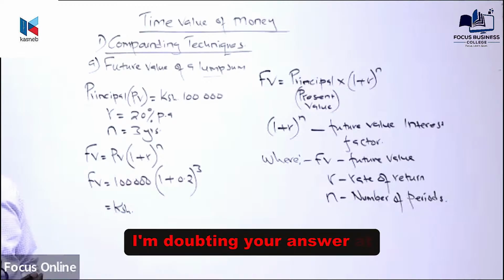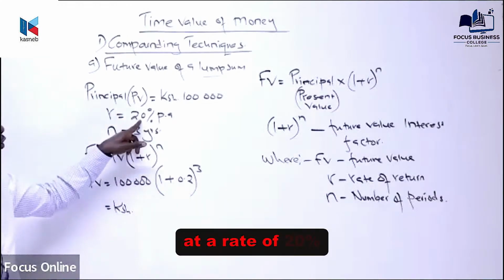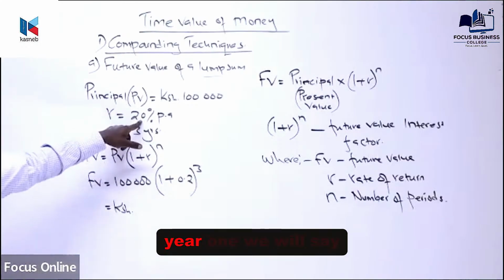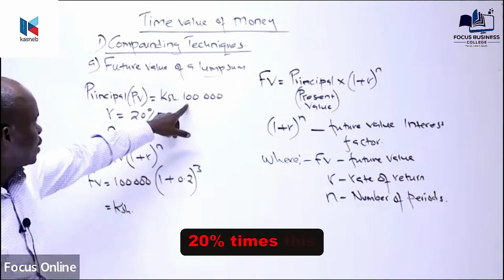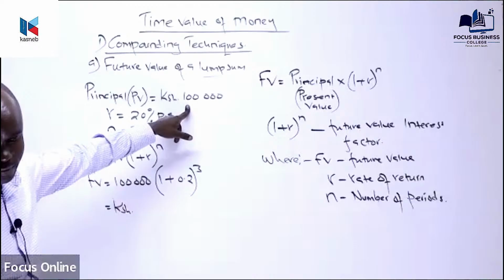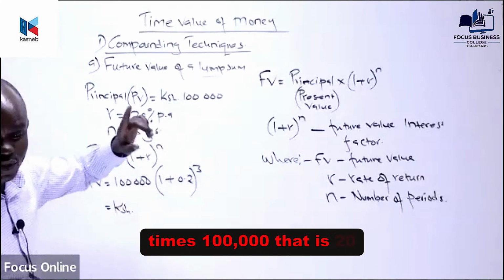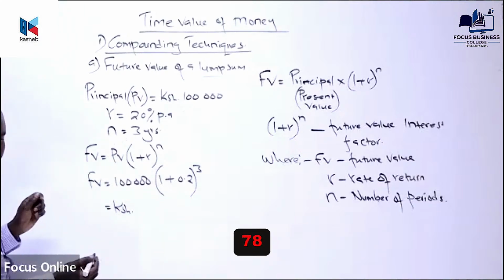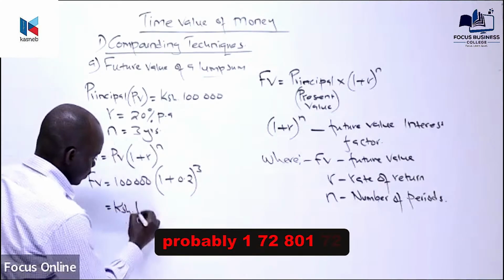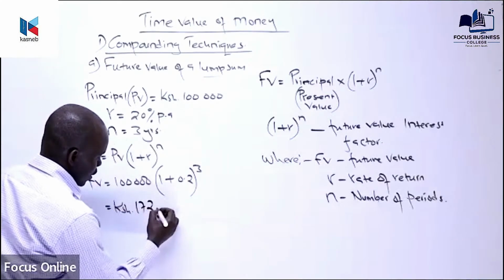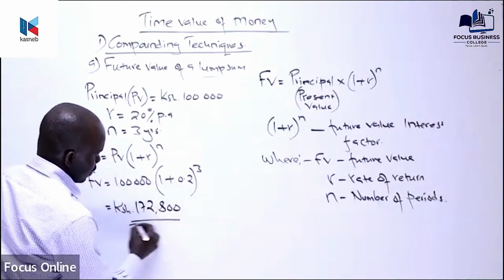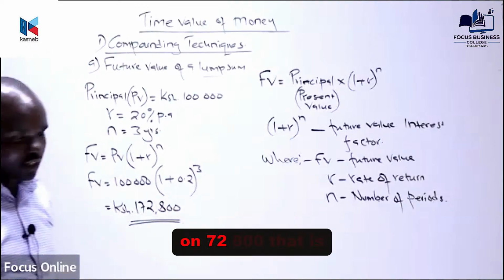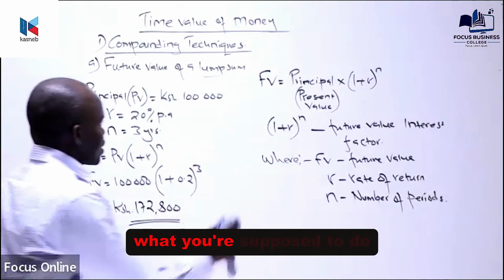Alice, I'm doubting your answer. At a rate of 20%, even in the first year we are going to earn 20,000, because 20% times 100,000 is 20,000. That means it's more than 106,000. So probably 172,800. Alice, repeat your calculation. Okay, yeah, 172,800. That is what you're supposed to do.